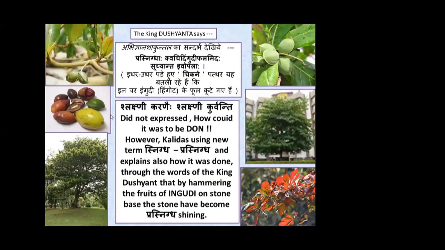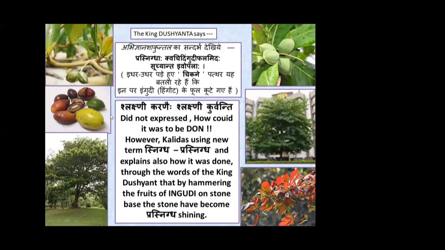And this is not, I don't say that it is the words of Kalidas. Actually, these are the words of the king himself. So a king is saying, written by Kalidas, no doubt, and Kalidas also knows the thing.